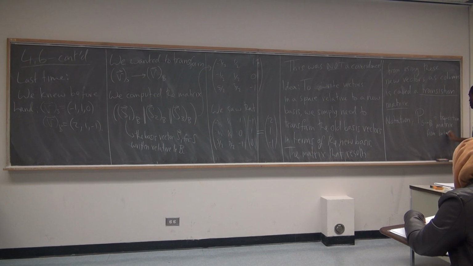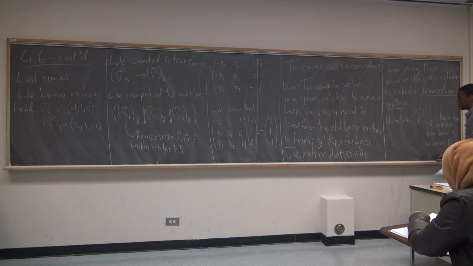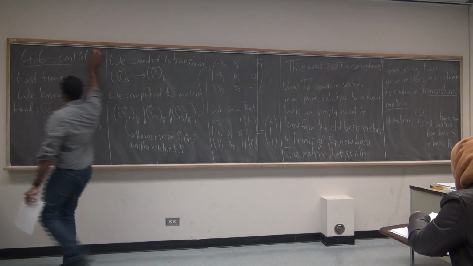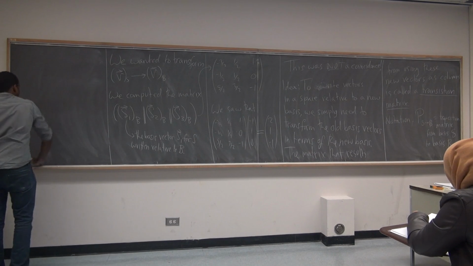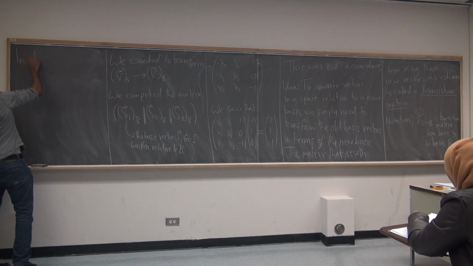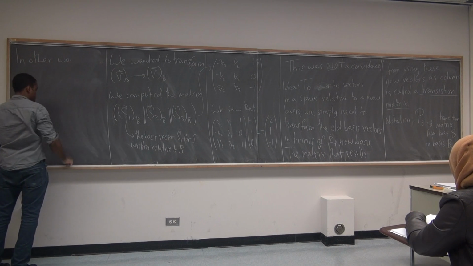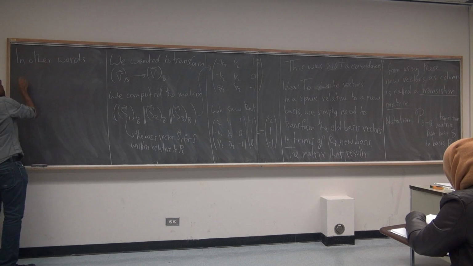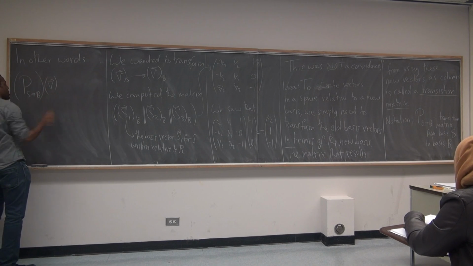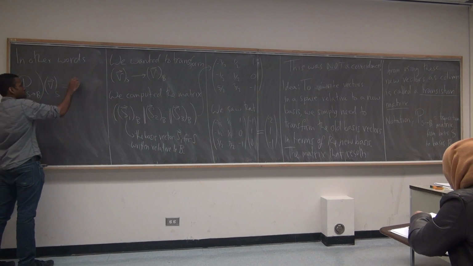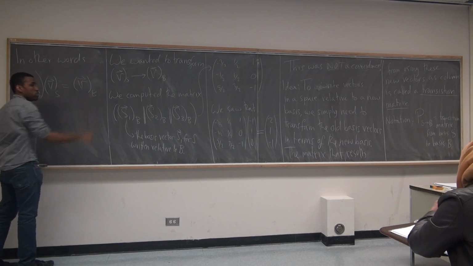It goes from basis S to basis B. In other words, if I take this matrix and multiply by any vector that's in terms of S, I will actually get its corresponding vector relative to B. Right?